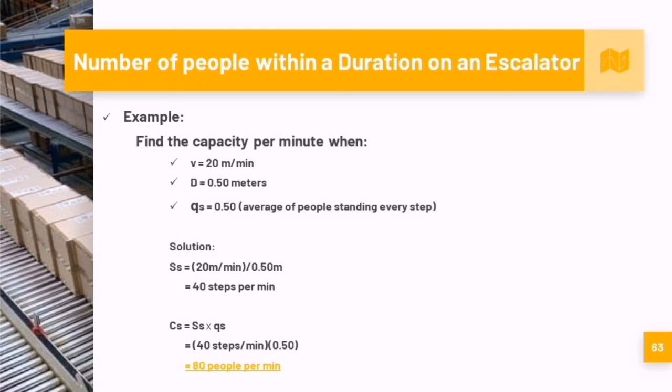Calculating the capacity per minute, it is equal to the steps per minute times the proportion QS. So 40 steps per minute times 0.50. Our capacity per minute is equal to 20 people.